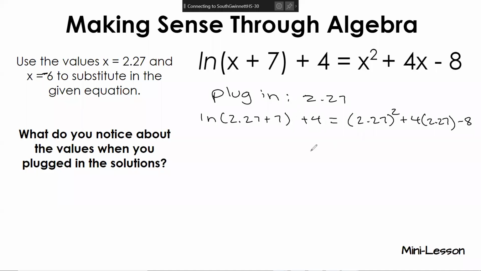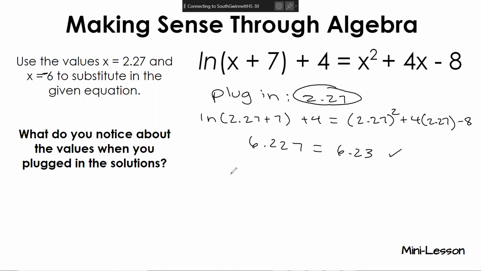Calculator, what did you get? You probably got something like 6.227 something. And on the other side, you got 6.23, right? Well, these are both about the same, so we can say that x equals 2.27.